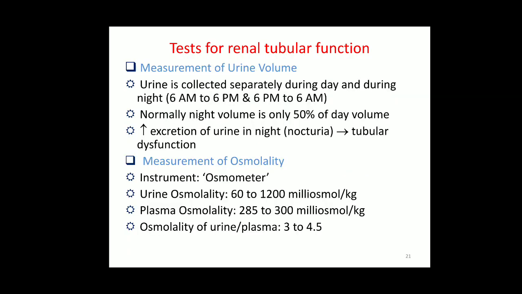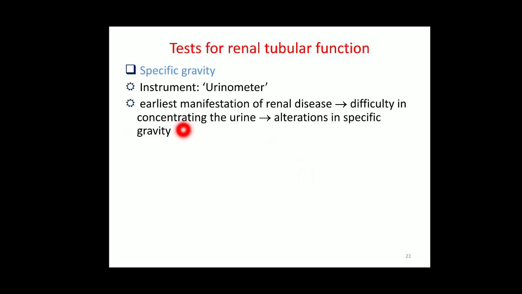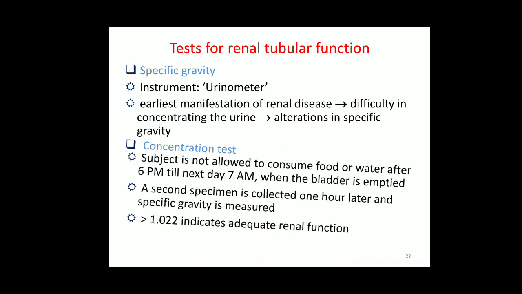Depending on the disease conditions, this osmolality is varied. Then specific gravity, I told you, using urinometer. Early manifestation of renal disorders and difficulty in concentration of the urine leads to alteration in specific gravity.